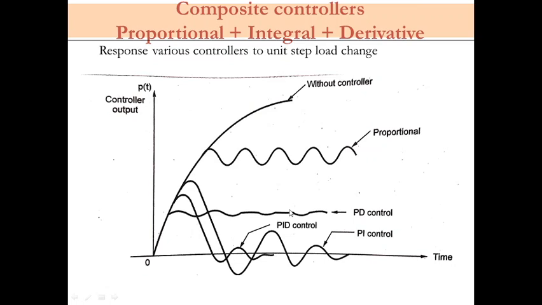Here the proportional and PD control produce offset error, so they require significant time to attain the steady state. The PI controller eliminates the offset, but at the expense of higher maximum overshoot, while offset is significant in the case of the PD controller.